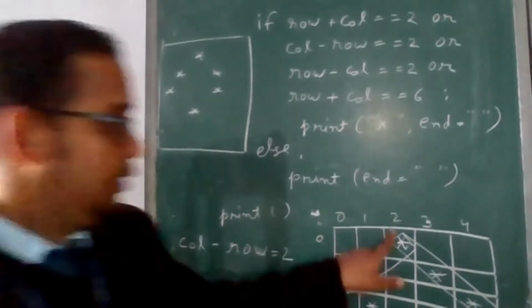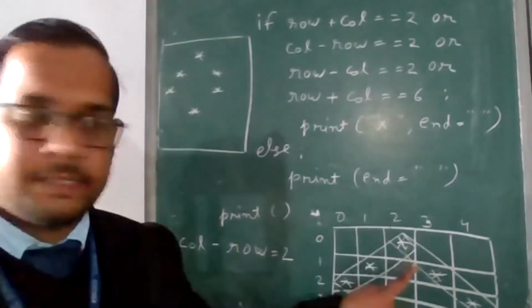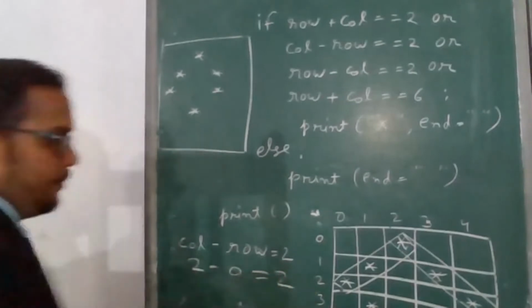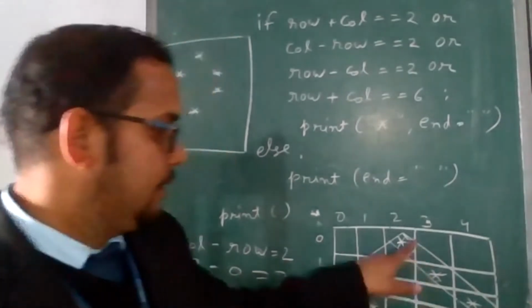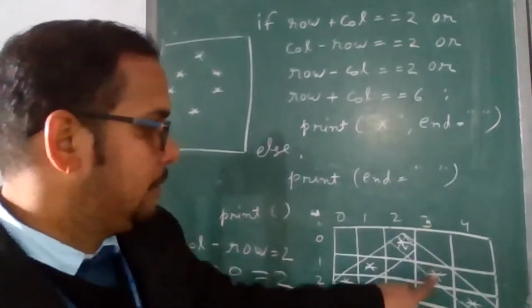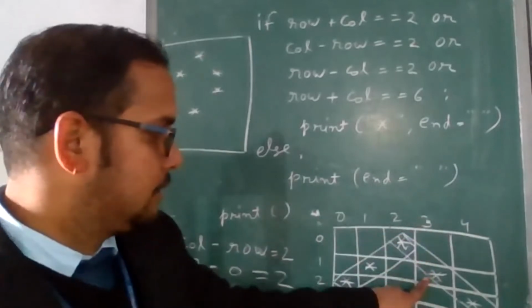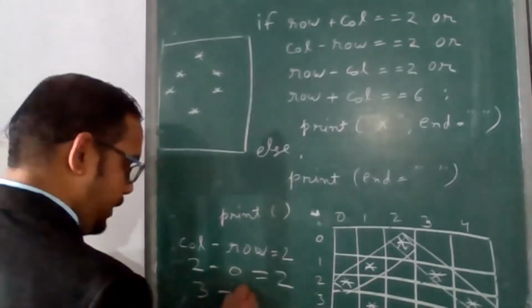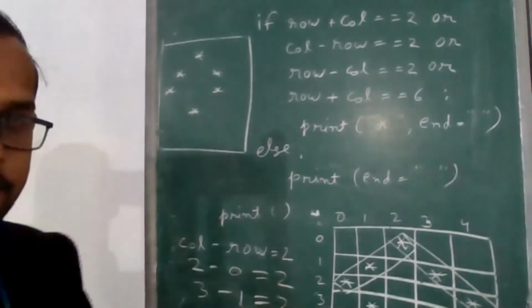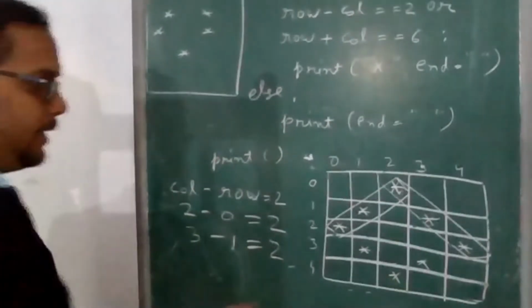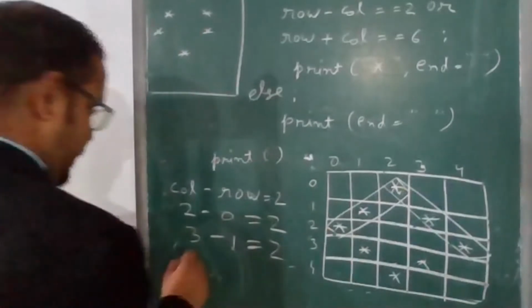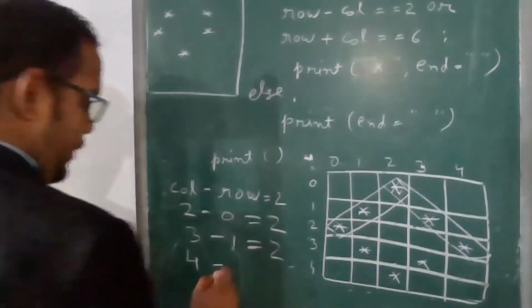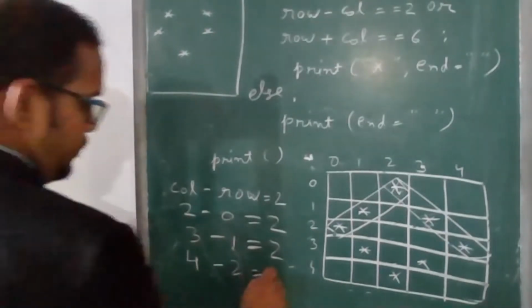Look, the value of col is 2, so 2 minus 0, that is 2. Similarly, for the next star, the index value of column is 3 and the index value of row is 1. So 3 minus 1, that is 2. Clear? Similarly, for the next star, the index value of column is 4 and the index value of row is 2, then 4 minus 2, that is 2.